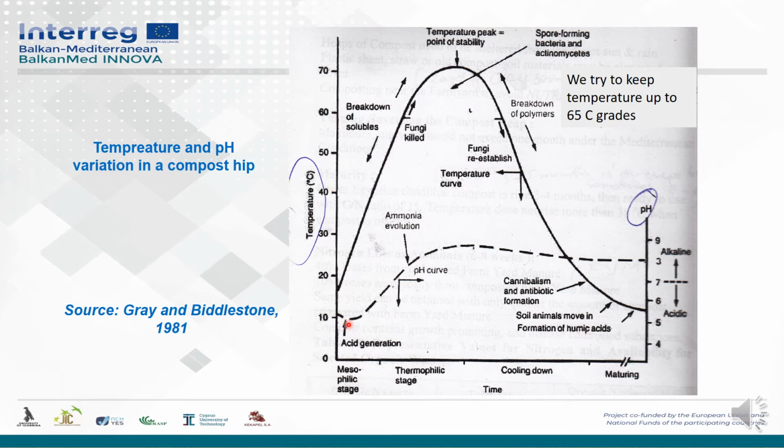So here you have the temperature and here you see which phase: the mesophilic stage or initial phase, the second phase, which is the thermophilic stage, because here there are microorganisms that support the high temperature, the cooling phase, and the maturing phase or curing phase.